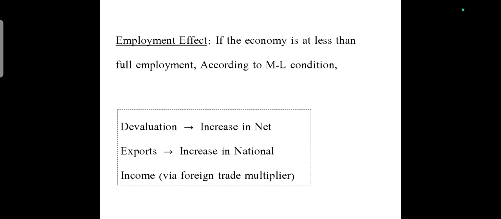It states that if the economy is at less than full employment, then according to the Marshall-Lerner condition, the devaluation will cause a net increase in the exports, which will lead to the increase in national income of the country. The foreign trade multiplier plays a vital role here.